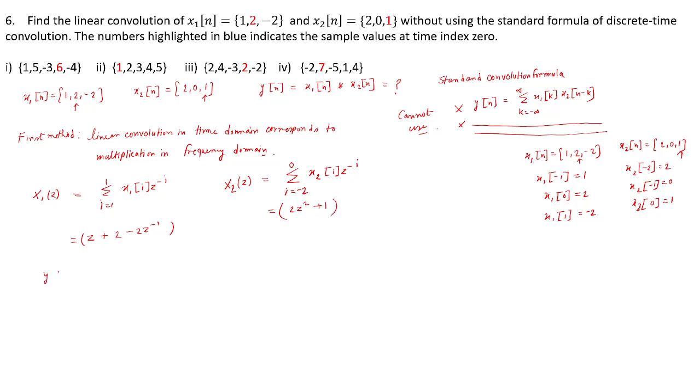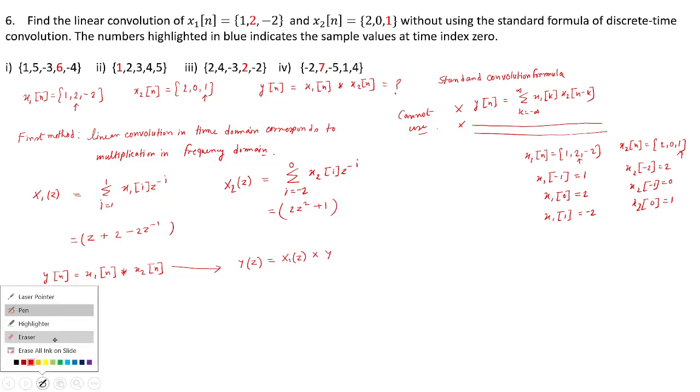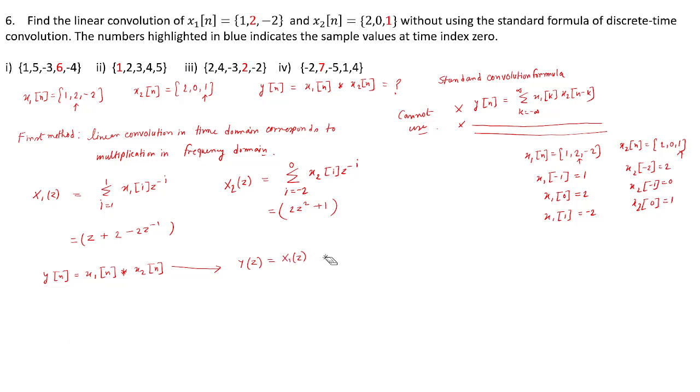So this y[n], being the linear convolution in time domain, translates into multiplication in frequency domain. It just becomes X1(z) times X2(z).